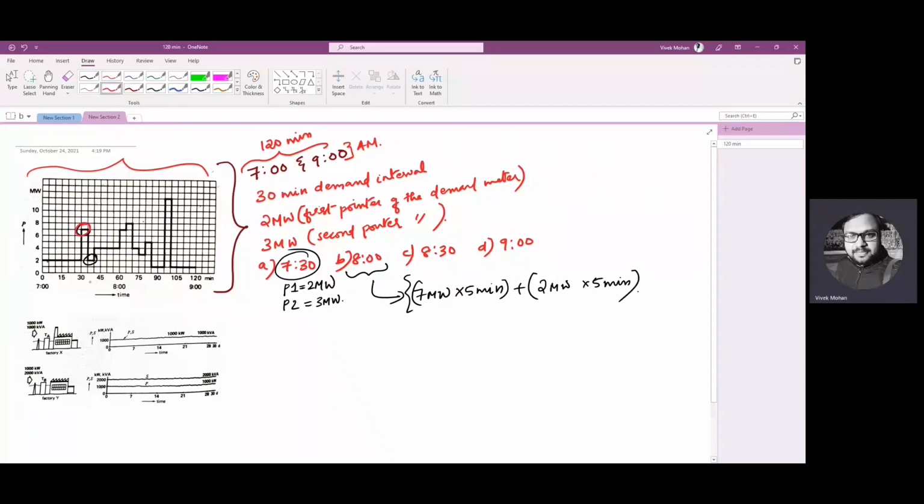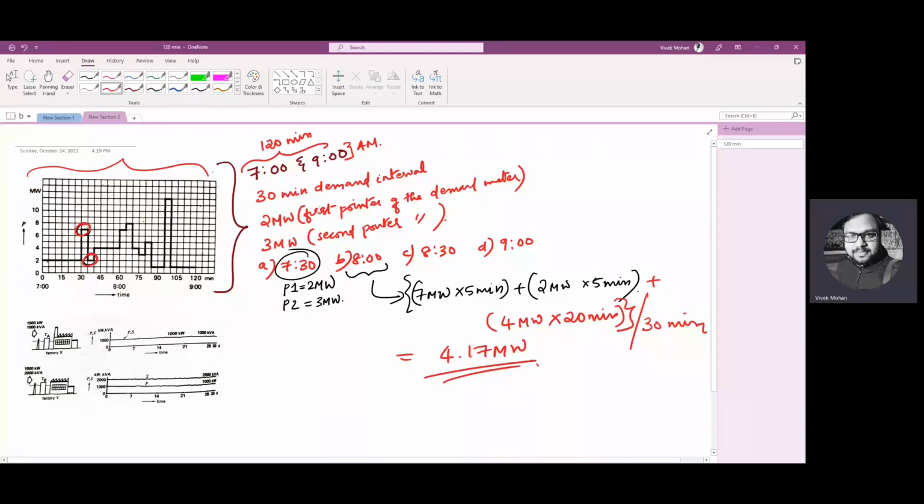I'll change the color. Similarly, I find the other power consumptions for other time frames till 8 a.m. Now plus 4 megawatts for 20 minutes. This will give me the total energy consumption from 7:30 to 8. If I divide this by 30 minutes, I will get the power, which is equal to 4.17 megawatts. You can check it.